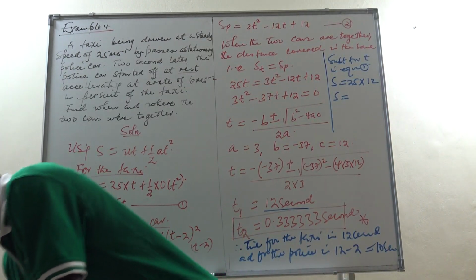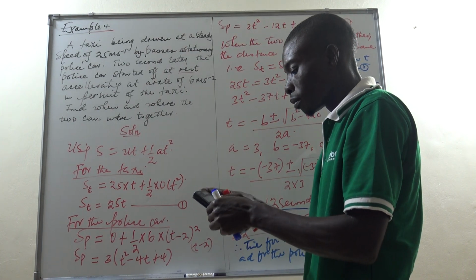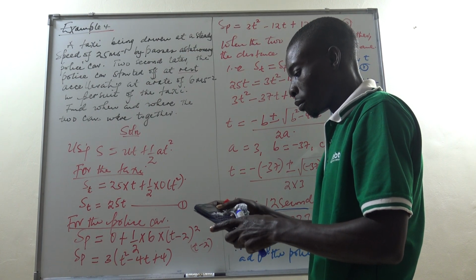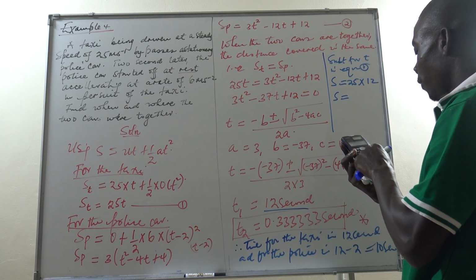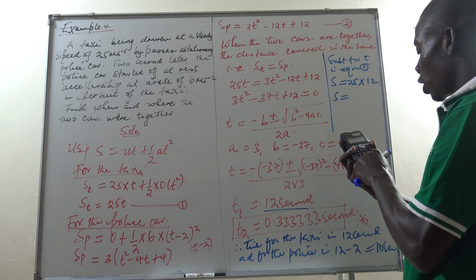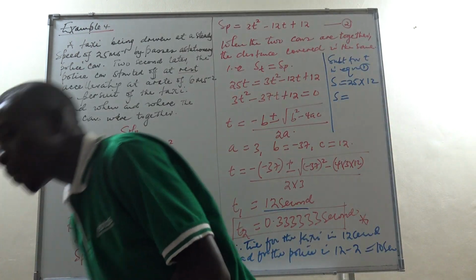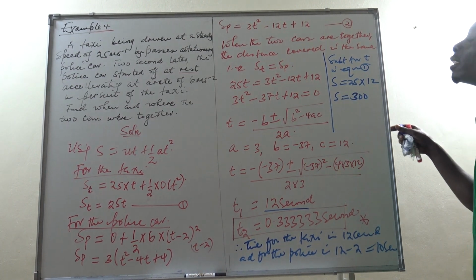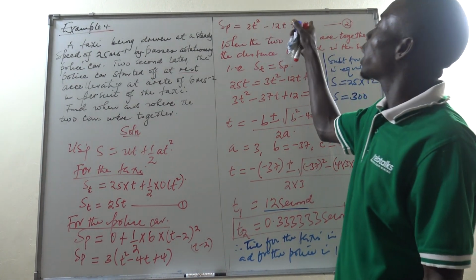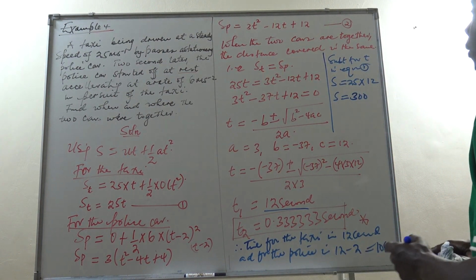You can pick your calculator there and say it is 25 times 12 to give you 300. So that means the distance covered is 300. And this distance is the same for all of them. Even if you bring it here, you will get the same value.